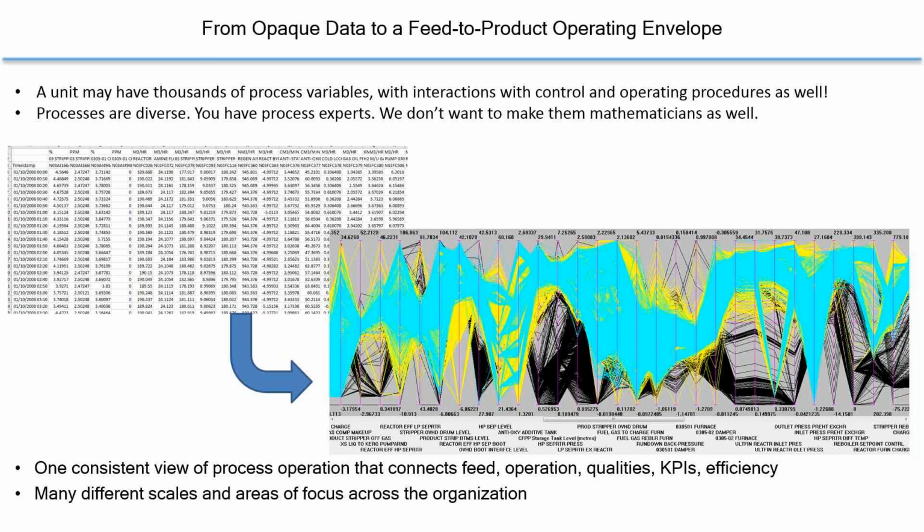The way we do that is with the parallel coordinate plot. Won't go into the details of that here, but it is a unique visual way to see the data that everyone can use to see the operating envelope across whatever scale they're looking at. We may be looking at business processes, we may be looking at actual physical processes, distillation columns and such.